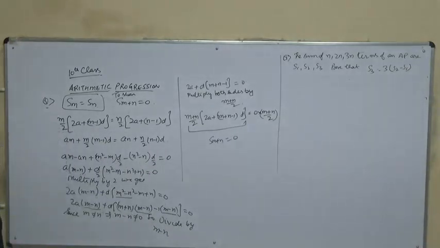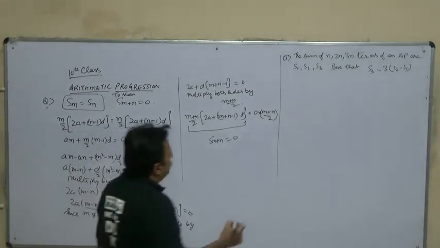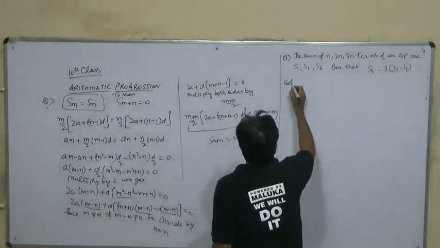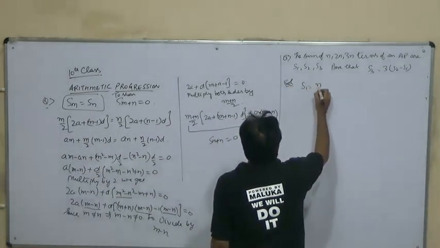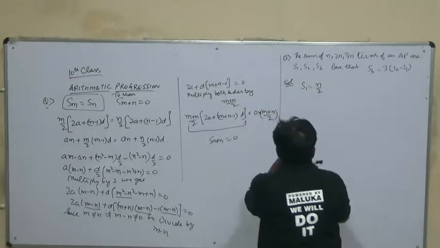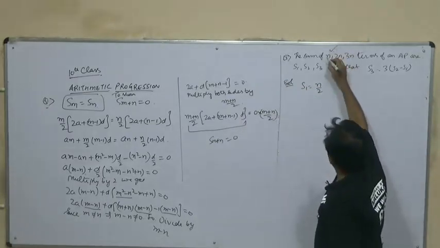So very easy. First we will write the values of S1, S2, S3. The AP is the same. So here what we will do, take first term as A and common difference as D. So solution is, we write S1 will be equal to n by 2, because this is the sum of n terms, S1.